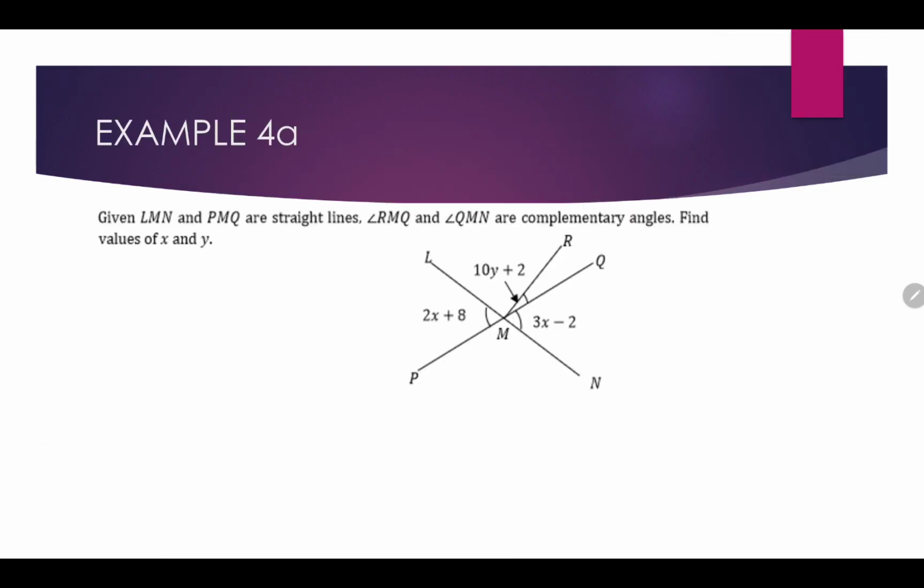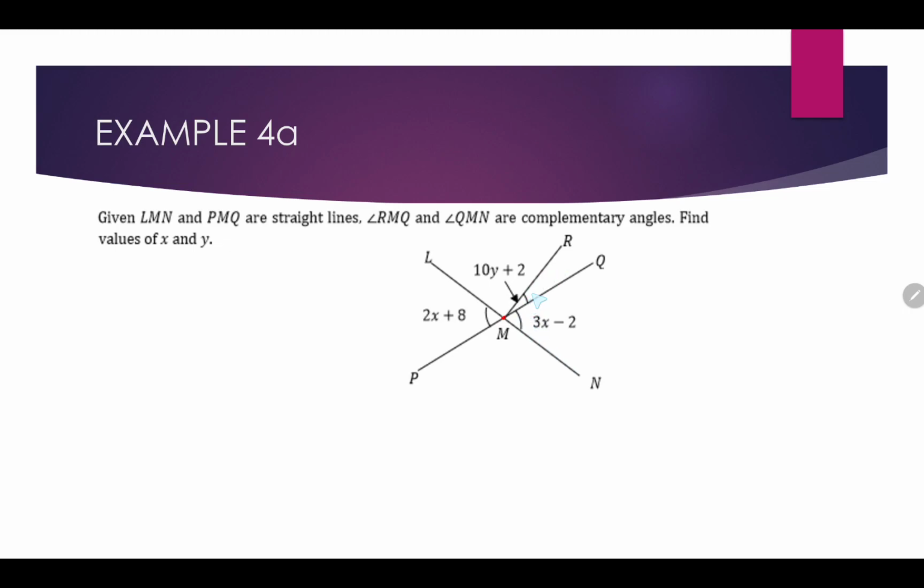Okay, take a look at example 4a. Okay, given LMN and PMQ are straight lines. Okay, so dia overlap dekat sini. Okay, and then angle RMQ here and angle QMN are complementary angles.